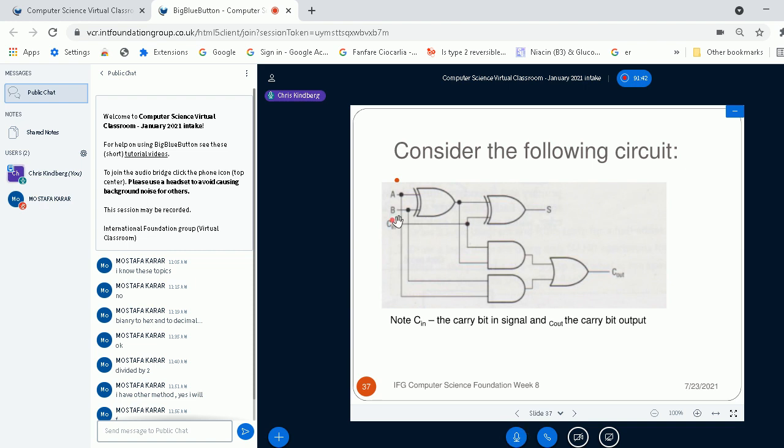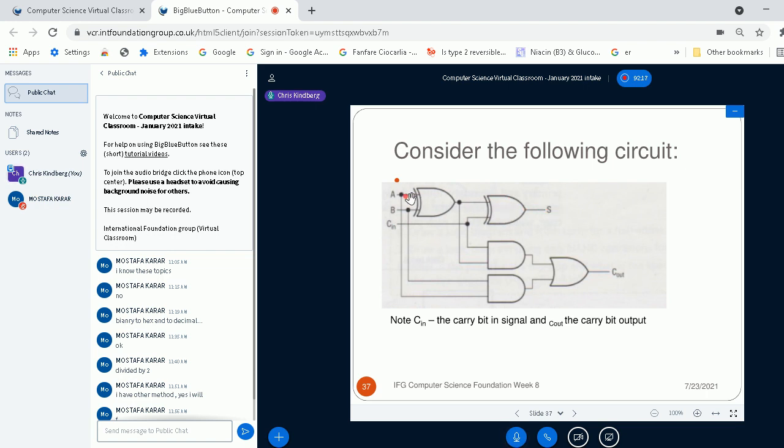And it's more complicated because if you have a look at it, I've got two exclusive ORs, and to calculate the sum of two bits A and B, I'm first of all going to exclusively OR A and B, and then with the carry bit, I'm going to pass that to another exclusive OR, and then output S.